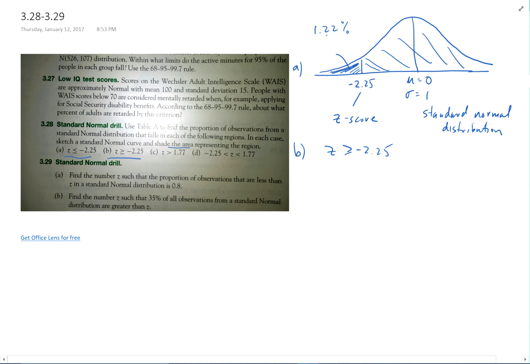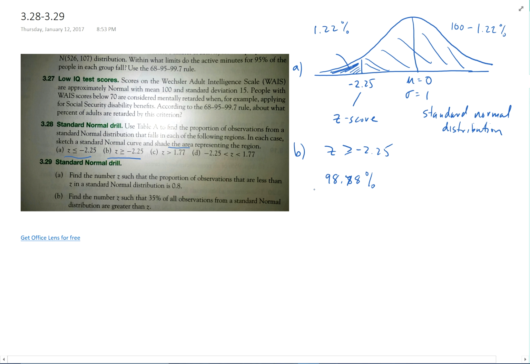Well, if this is 1.22%, this side is going to be 100 minus 1.22%. Okay, so that'll be, what is that, 98.78%, if I can subtract it in my head, right? That's 98.78%. Okay, does that make sense?